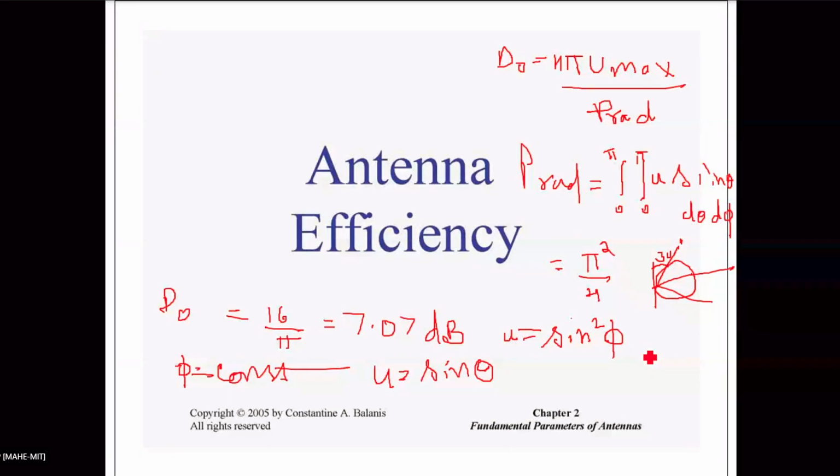Sine square phi is equal to half. So what is the angle? What is the half power beam width in the azimuthal plane? Sir, it's pi by 2. 90 degrees. All of you got it?